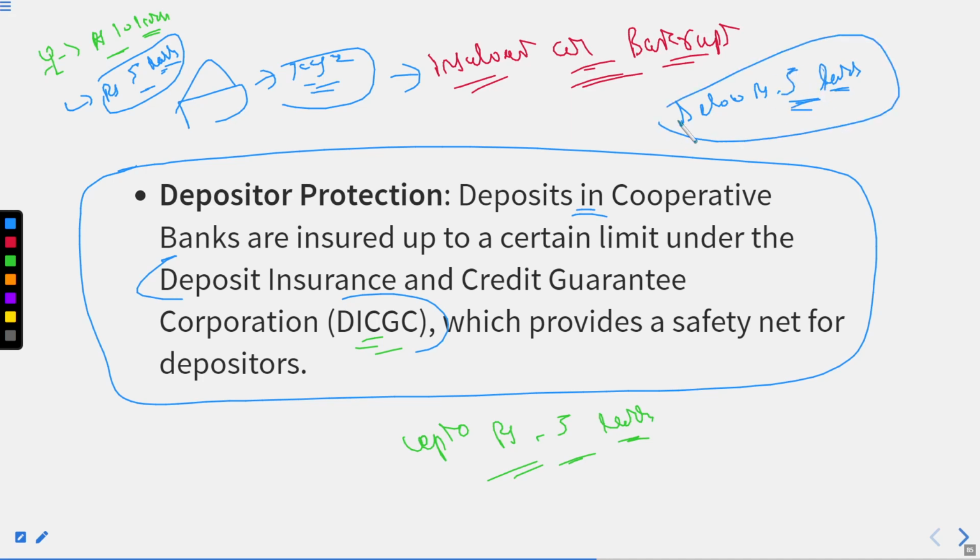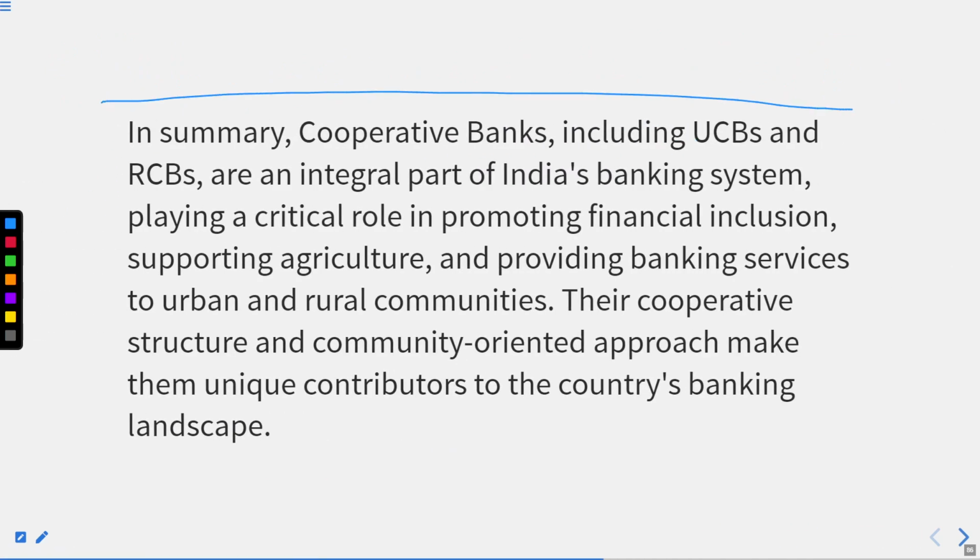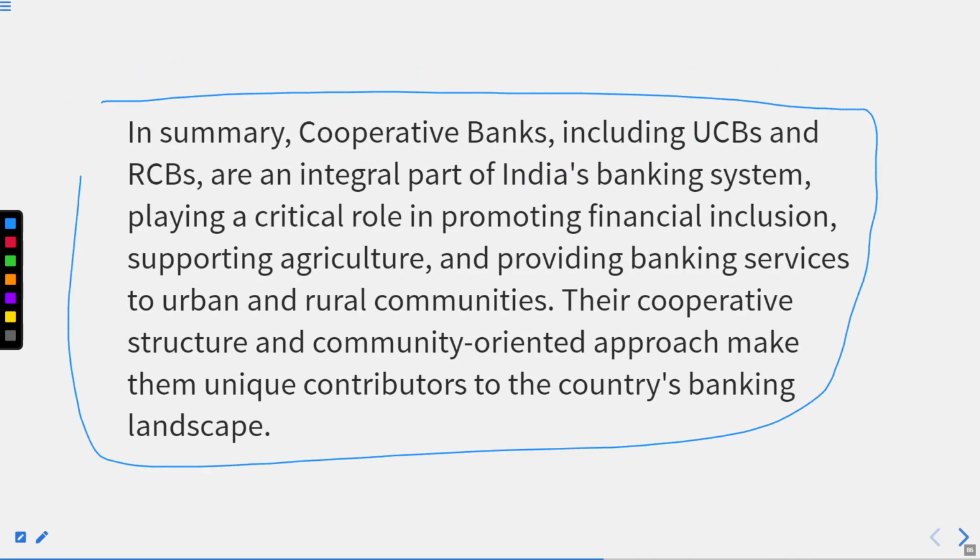Okay, so DICGC ensures that if your amount is below 5 lakhs, you can get the entire amount. But if your amount is more than 5 lakhs, you will get up to rupees 5 lakhs only. All right. So if we summarize the things, then what we will find?